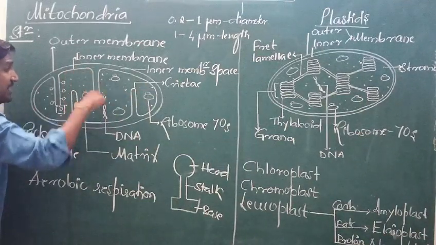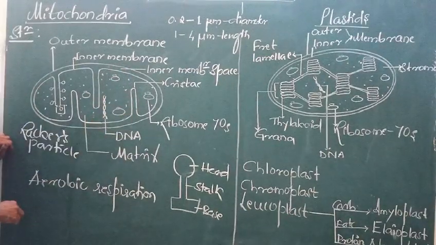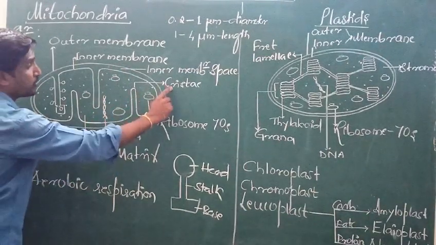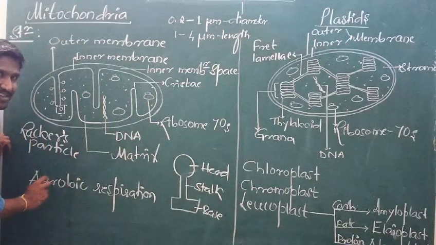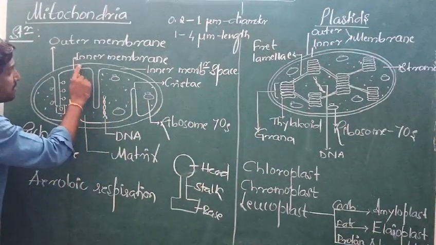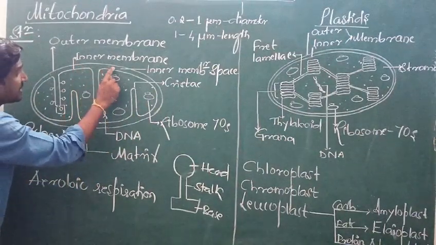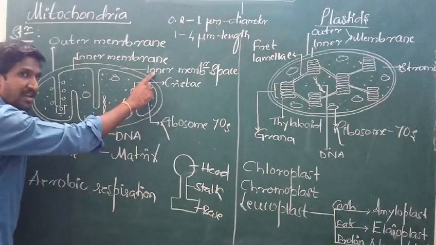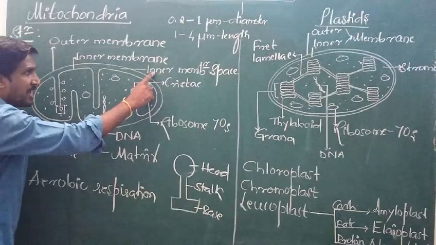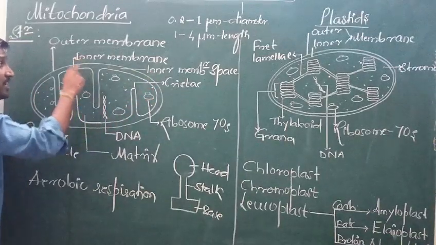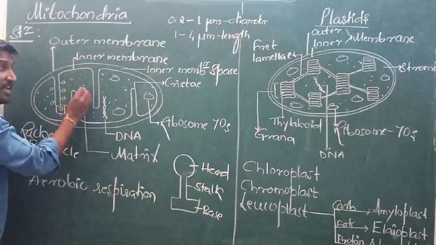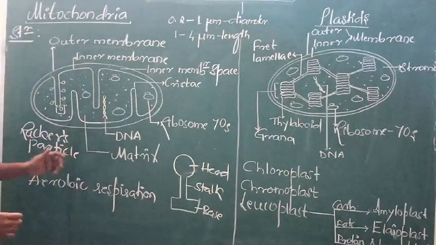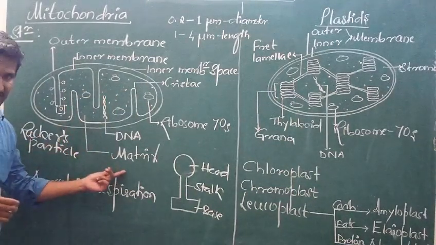It has inner infoldings forming finger-like projections called cristae. In between the outer membrane and inner membrane there is a space called the inner mitochondrial space. On the inner side of the inner membrane, there is a fluid-like material called the matrix.